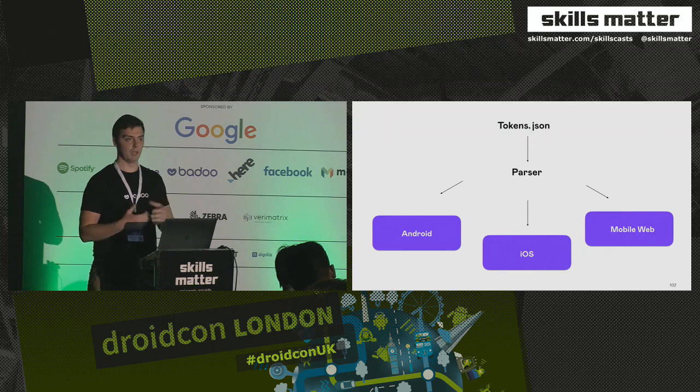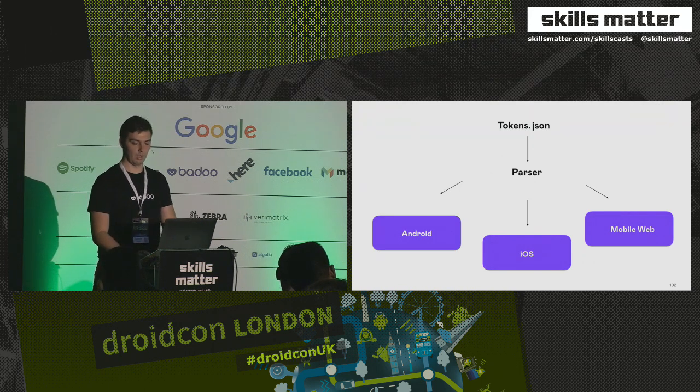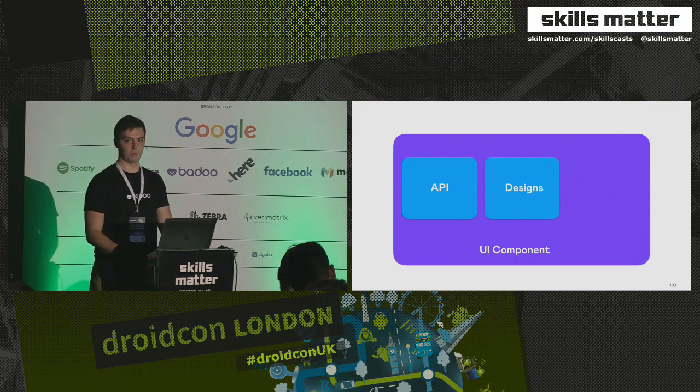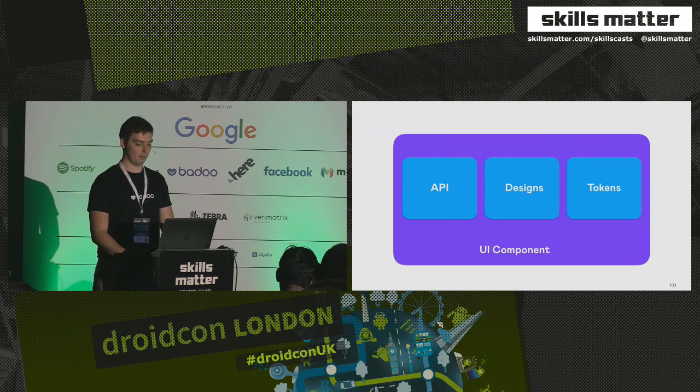For example, in Android, we could receive it in an XML file, like our usual resources. And after it, when a developer implements a new component, he doesn't just check the API of the component in documentation and look at designs. He also has to use these tokens.